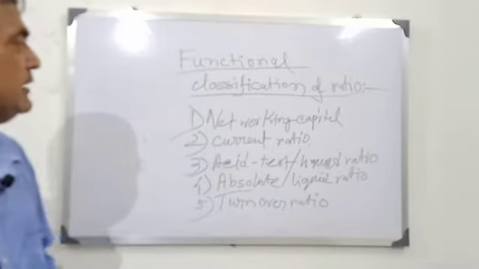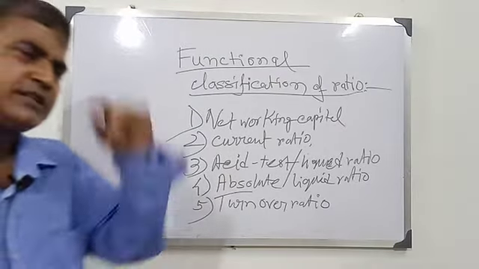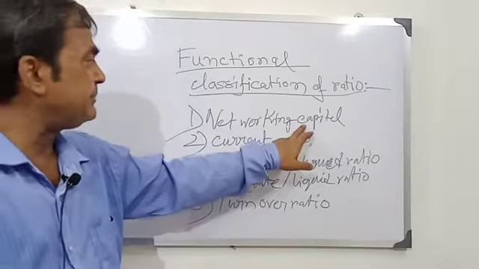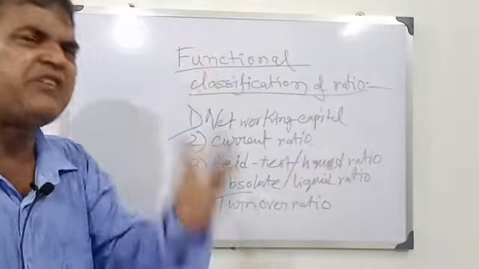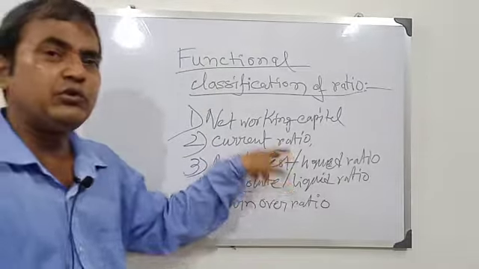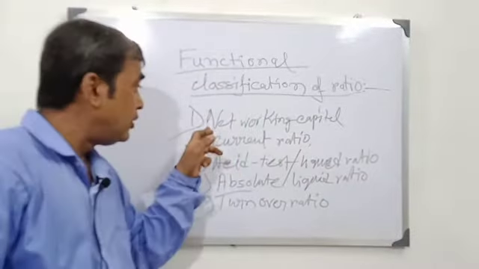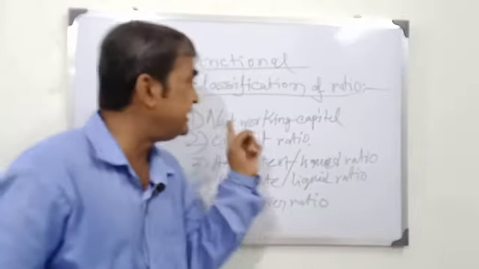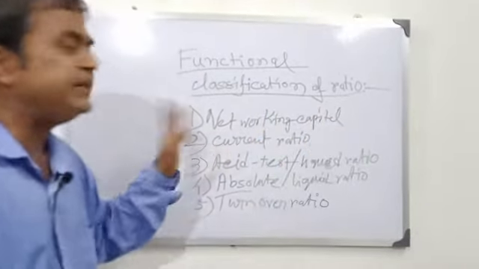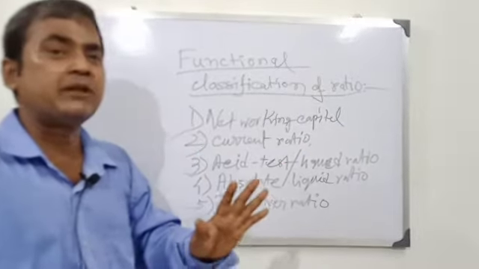Now one by one, the net working capital ratio. You just brainstorm into it. Net working capital is vital, very vital. What cannot be predicted by the net working capital of any company, firm, or enterprise will be predicted by the current ratio.